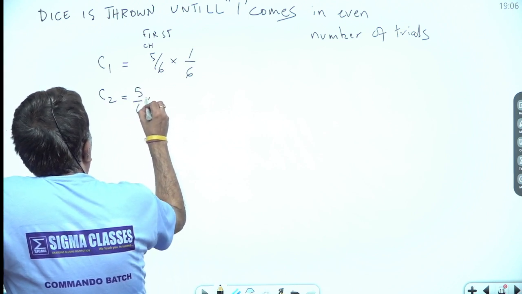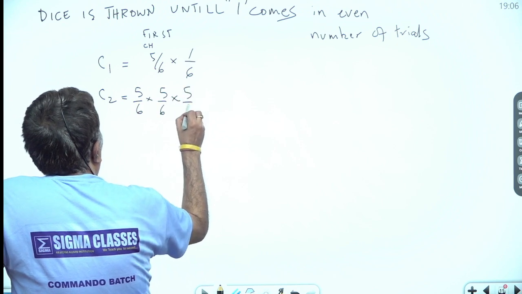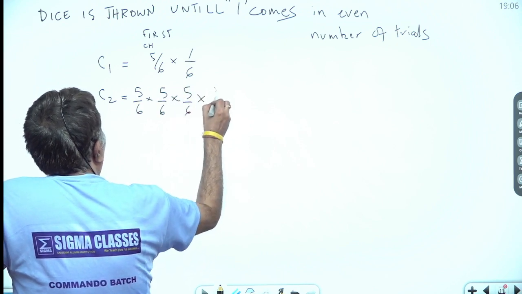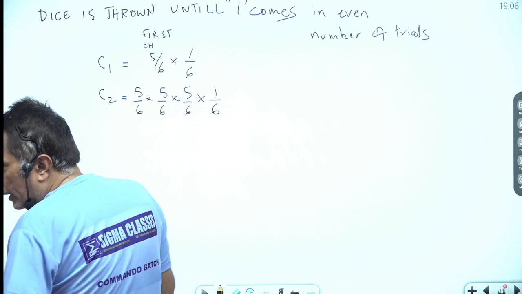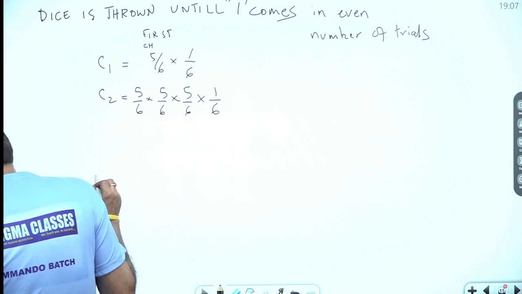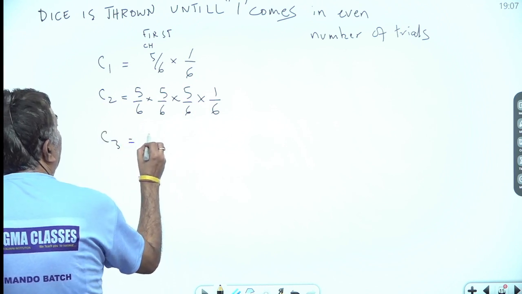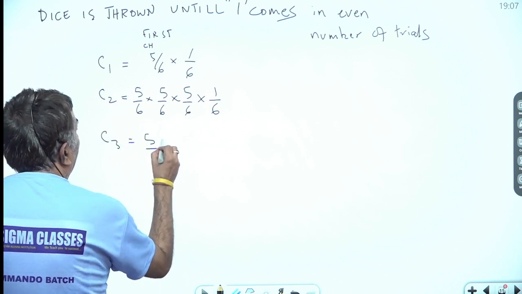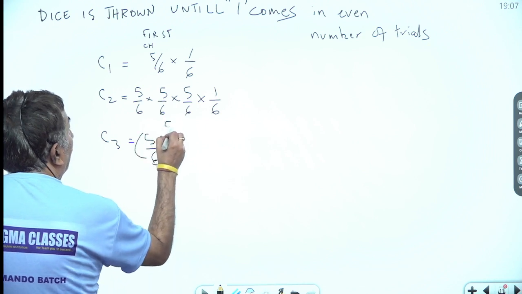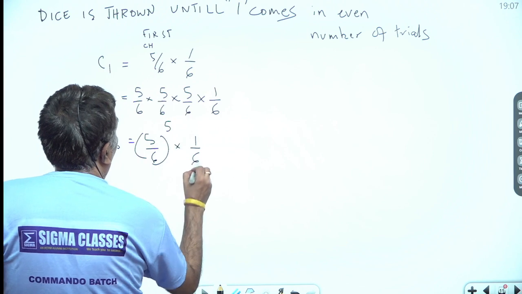The case 2 will mean 5 by 6 into 5 by 6 into 5 by 6, and suddenly you have 1 coming. So this is the success which has come. The case 3 will mean 5 by 6 raised to power 5 into 1 by 6.